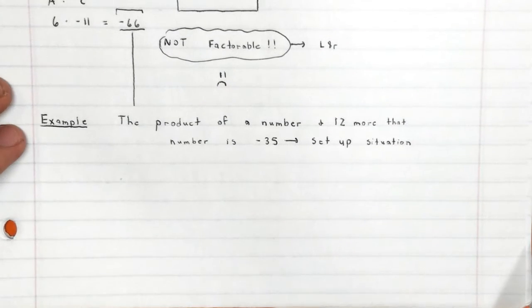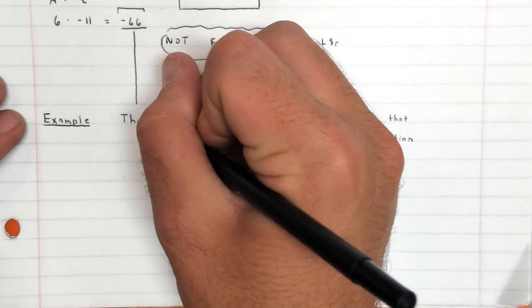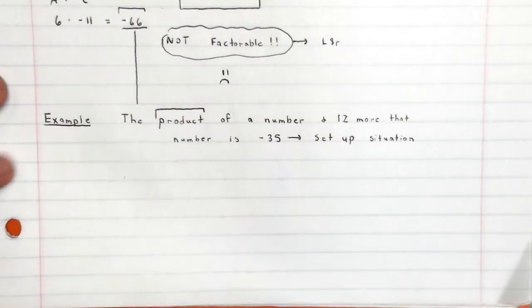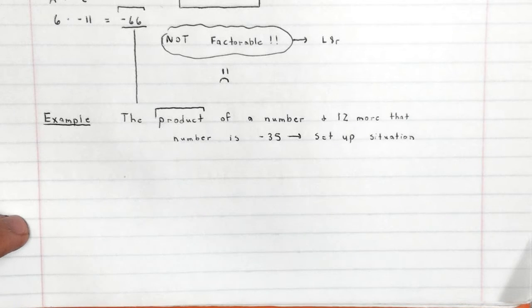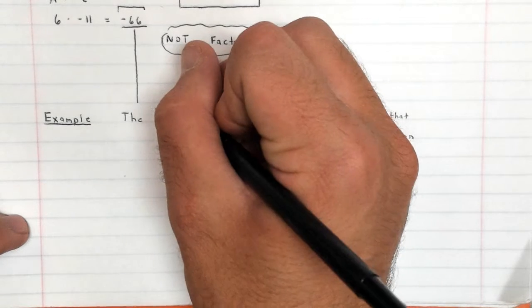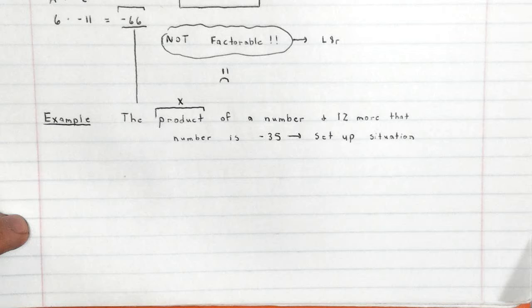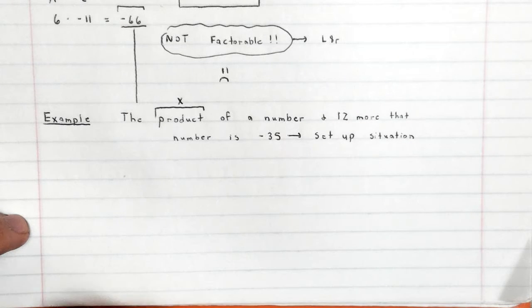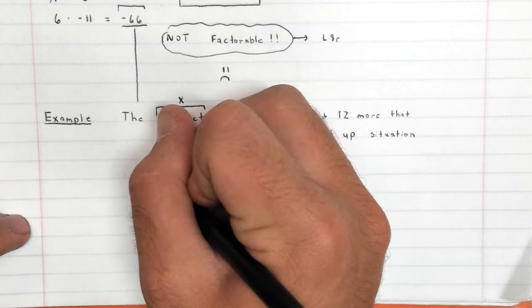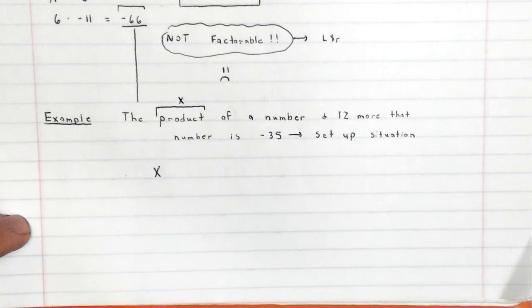Alright. There's some things in here. The product. What is product? Well, that's the answer when I'm multiplying two things. Multiplication. Of a number. Well, do I know what the number is? I have no idea, so let's call that number x.